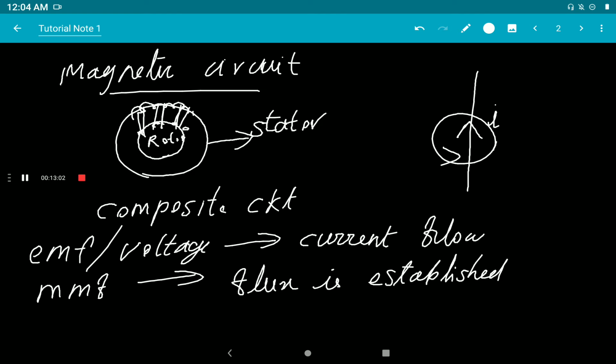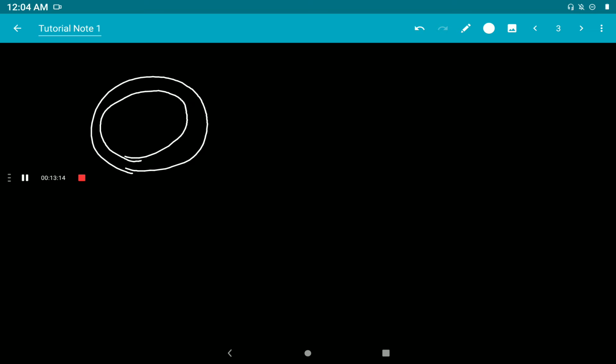And another one. Now just consider a magnetic circuit. Let's consider a ferromagnetic core made up of a ferromagnetic material, and we are winding a conductor of 5 turns.